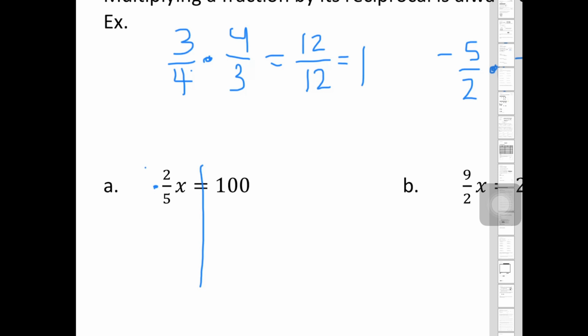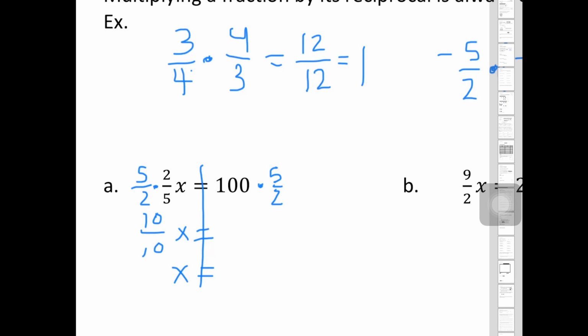So what we can do is just start with that. Why go the extra step? I can start by multiplying both sides by 5/2, the reciprocal of 2/5. Whatever you do on one side, you must do on the other. And here's what happens. The left side, if you multiply it, you get 10/10x, which is the same as 1x.